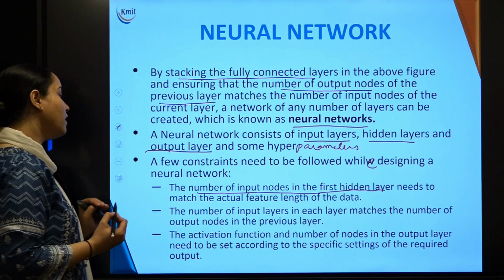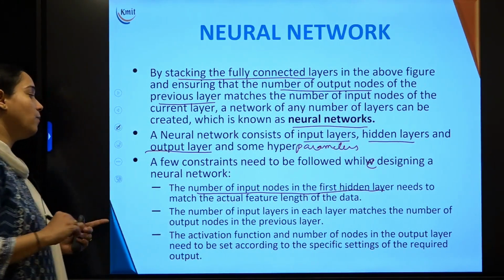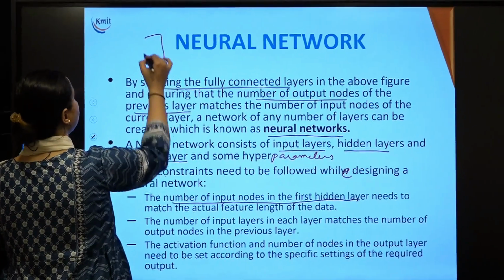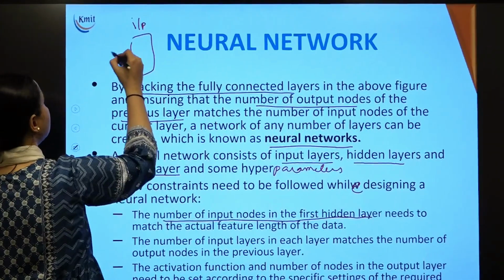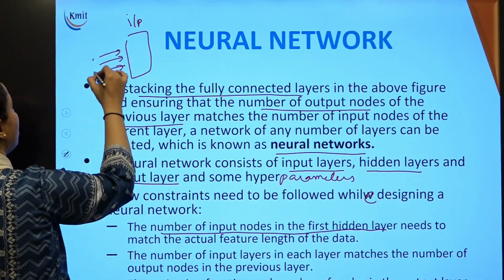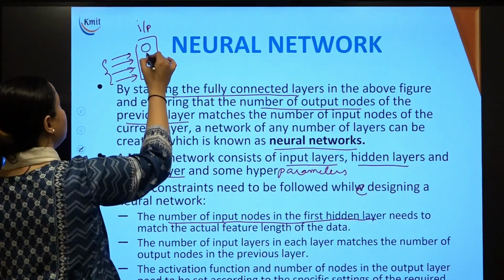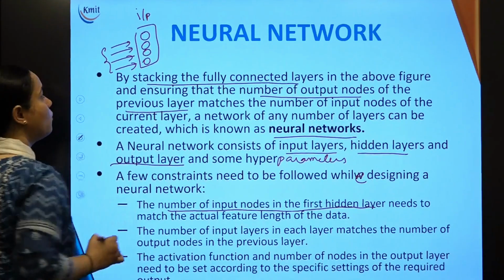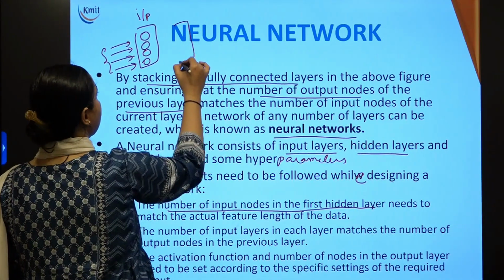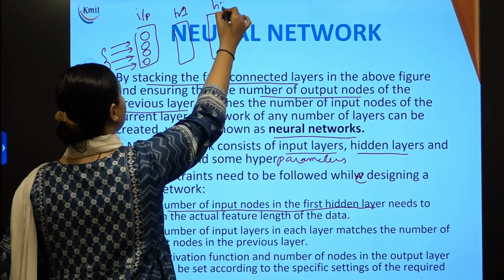And the number of input nodes in each layer will match the number of output nodes in the previous layer. For example, suppose the data has a length of 4, that is, the number of features is 4. So in the input layer I will be using 4 nodes or 4 neurons. After that I can create n number of hidden layers, hidden layer 1, hidden layer 2.